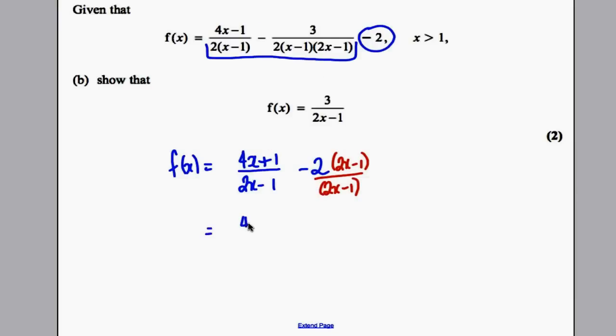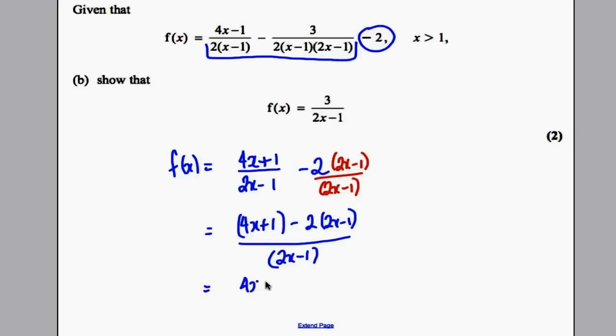So keep this for here, 4x plus 1, subtract 2 times 2x subtract 1, all divided by 2x subtract 1. We can expand out the top now. It would be 4x plus 1. This times this would be subtract 4x, and this times this would be plus 2, sorry, my fault.